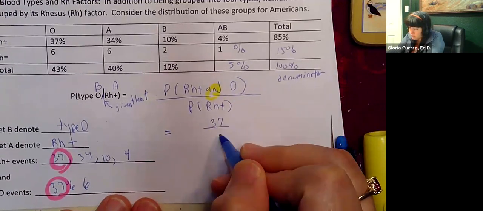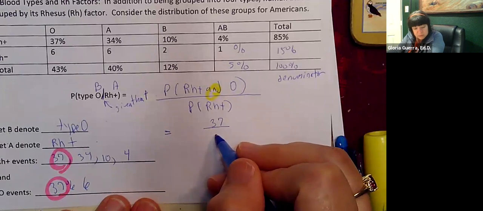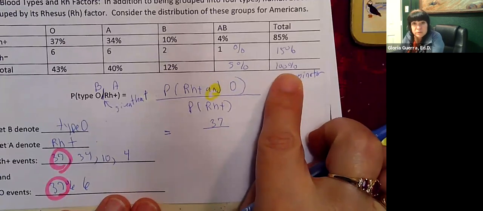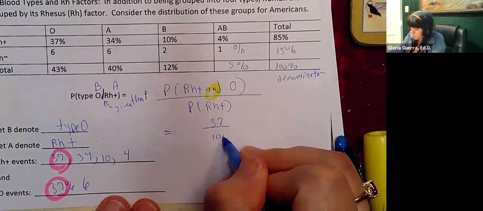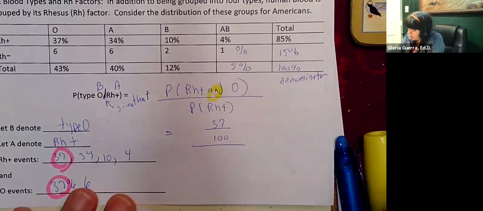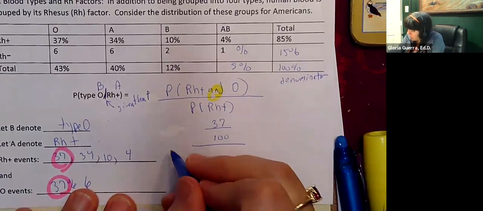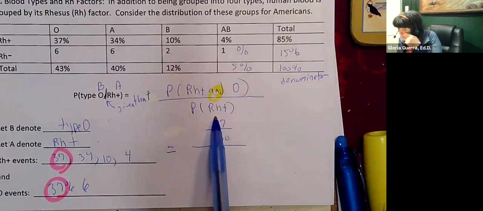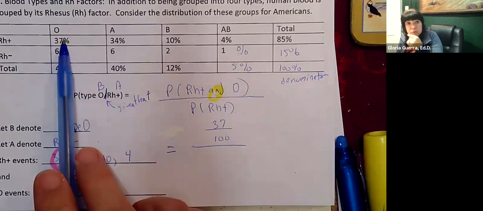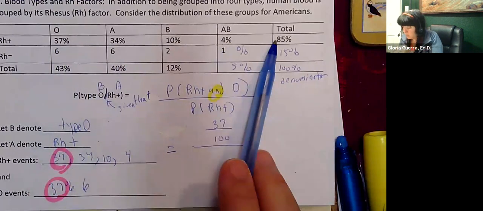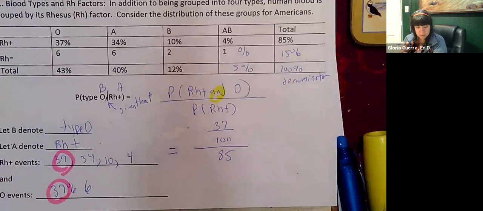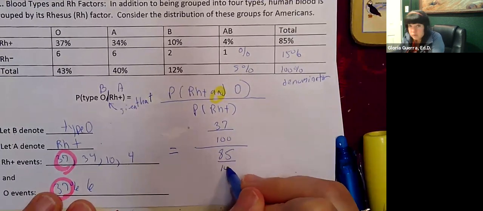So then this is going to give me 37 over the denominator, which was 100%. So 100 all over. And then I want RH positive, which is 85%, over 100, because there's 100 total.